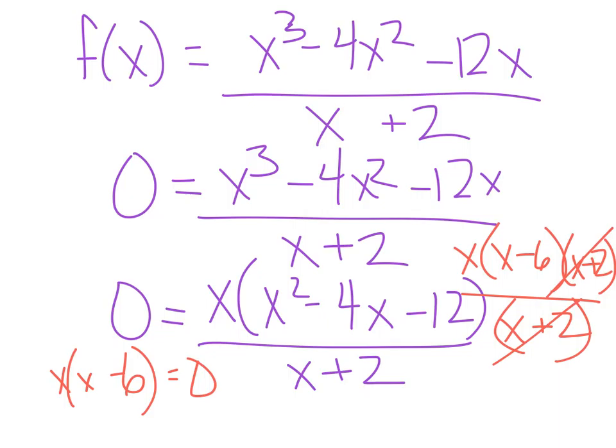I'm pretty sure then that means that x equals 0, because that's what this tells me. If I want this to be 0, this could be 0, and then 0 times whatever equals 0. The other one could be x equals 6. Because again, remember when we did this before, you have to set both of them equal to 0 and solve. X equals 0, x minus 6 equals 0, move the 6, x equals 6. That's how you find the zeros, different than excluded values.